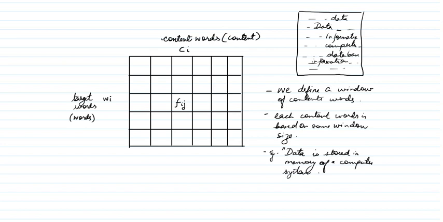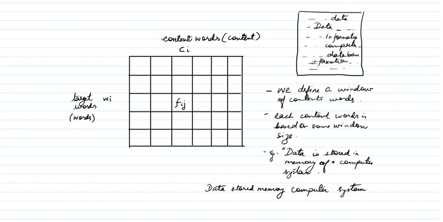After removing stop words and cleaning, we are left with the words data, stored, memory, computer, system. So these are the words we get after cleaning the corpus.